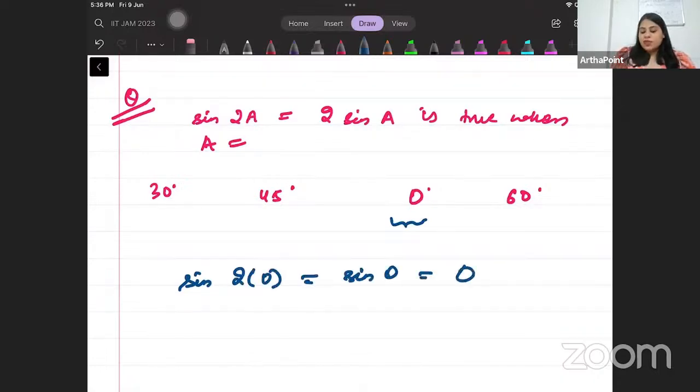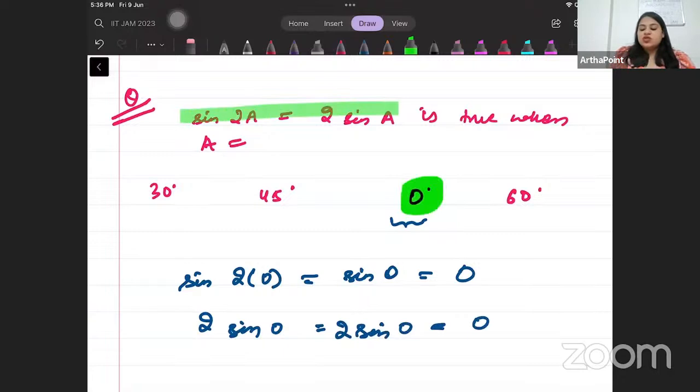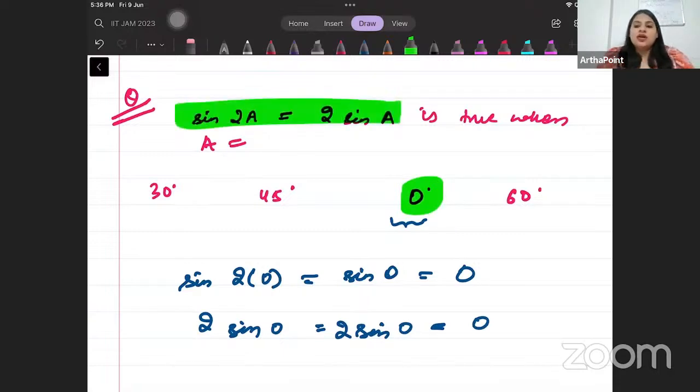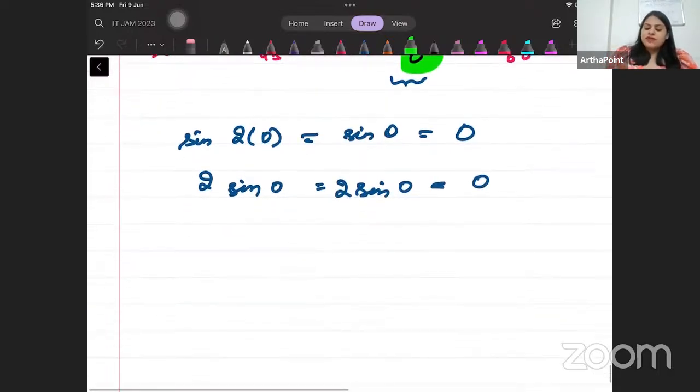Sine 0 is 0. And 2 sine 0 will be 0. Right? So both will give me 0. So if it is 0, these two will be equal to each other, and therefore that will be the correct option.